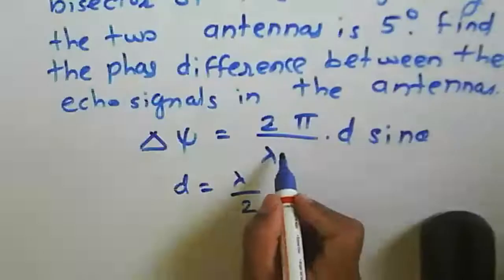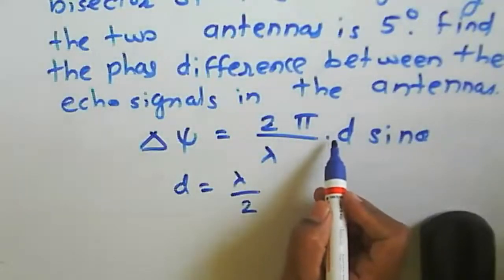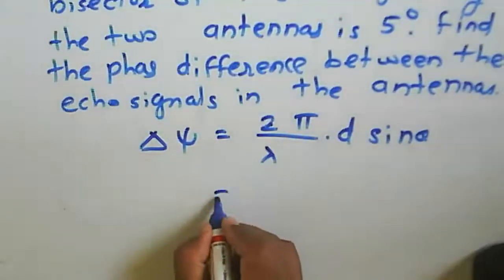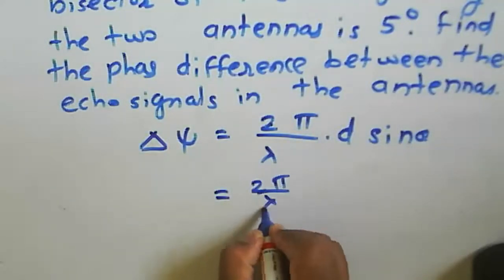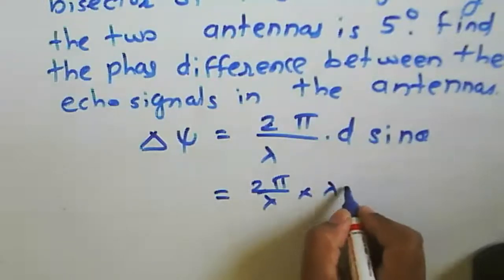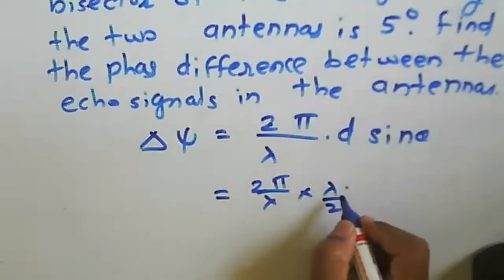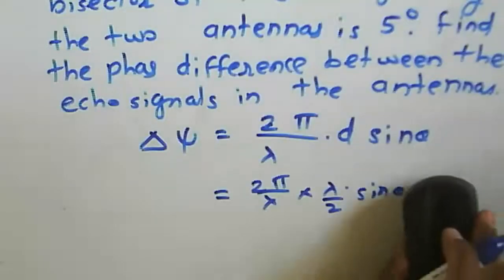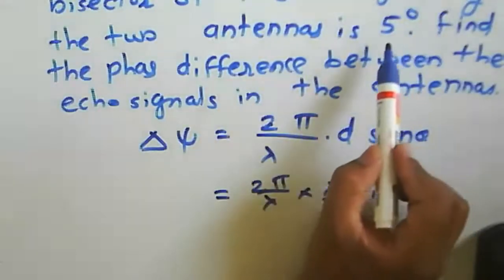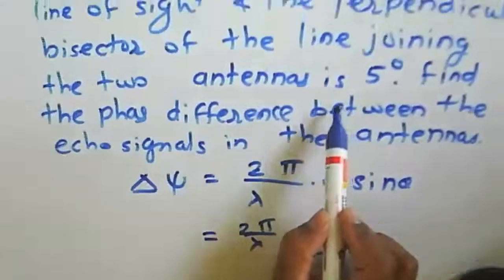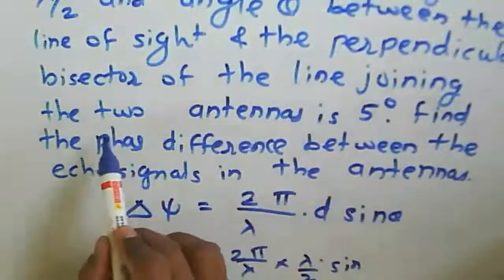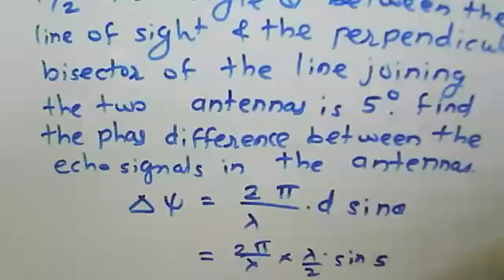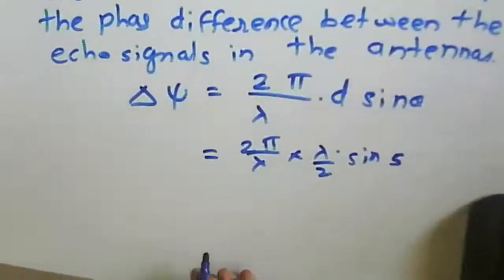If you put d equal to lambda by 2, our equation becomes 2π/λ times λ/2 times sin θ. Theta is given as 5 degrees.